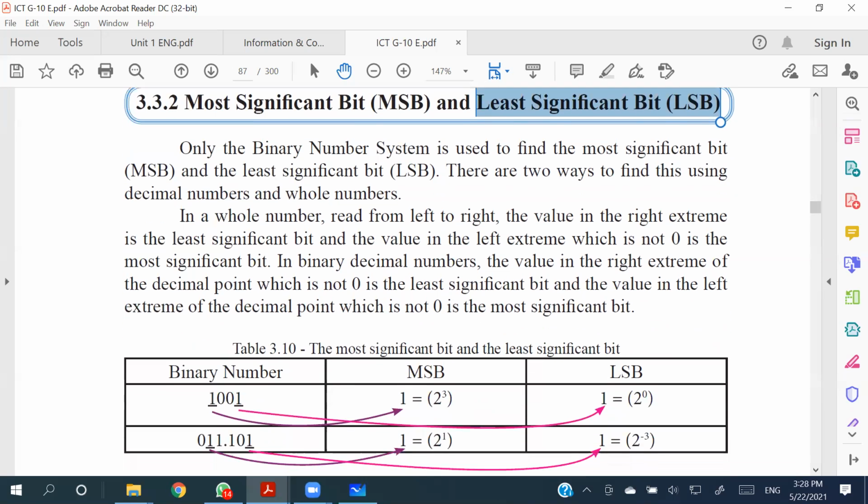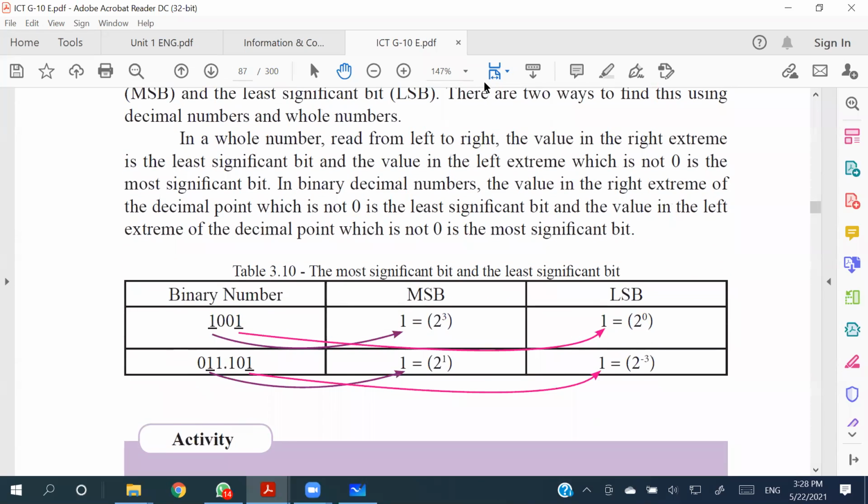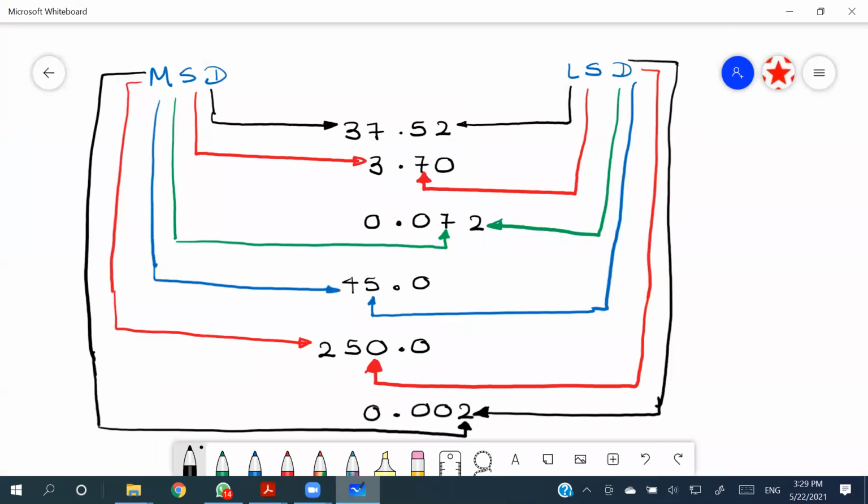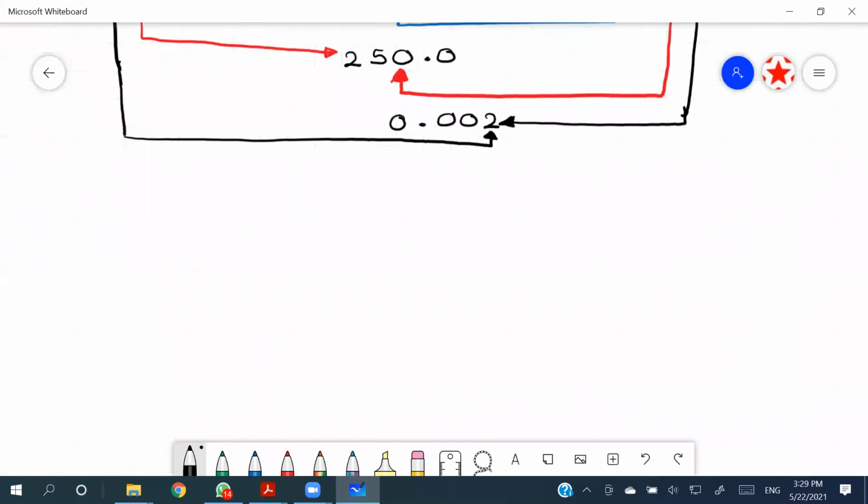Okay, so under that, just draw this thing. I'll draw it for you. Now we are referring to the MSB, most significant bit, and LSB. So I'm not going to write lots of examples like the previous one. Let's just mention one or two.